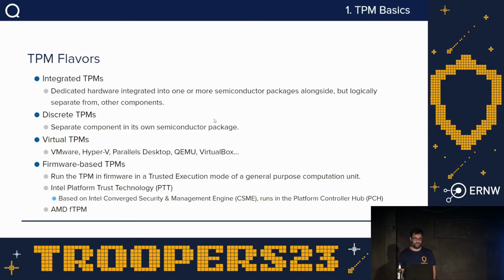These ones run in a kind of trusted execution mode, but within the main CPU. For example, Intel provides what is called PTT, which stands for Platform Trust Technology, and it runs in the Platform Controller Hub. And likewise, AMD provides an alternative that is called AMD FTPM.